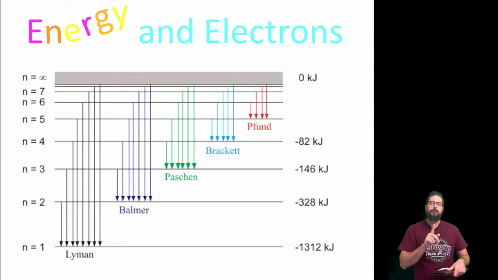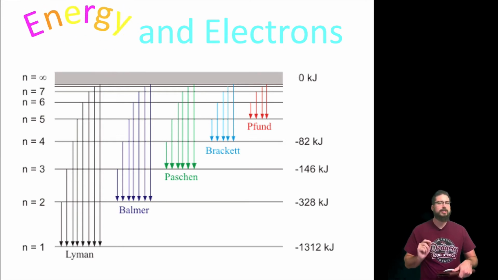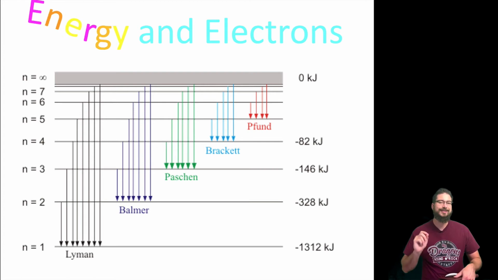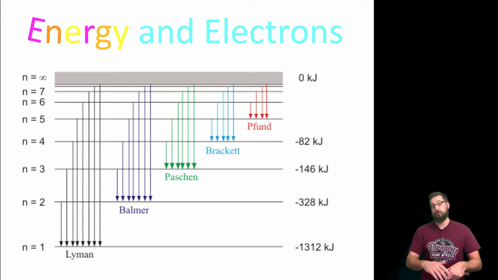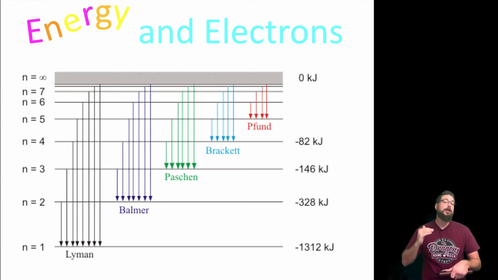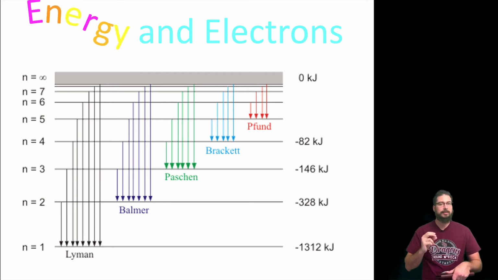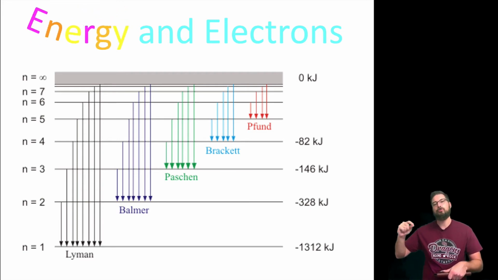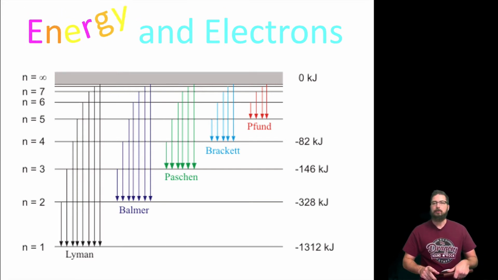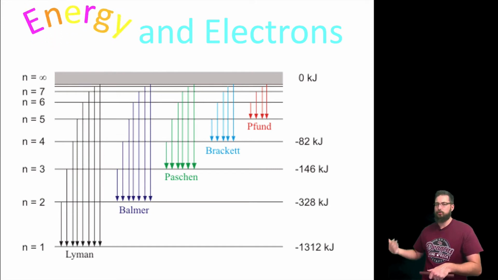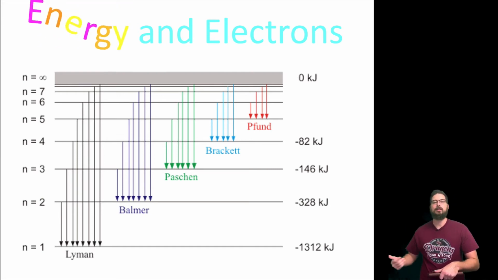Notice though, when we go from the second to the third, there is a large increase in energy, but it's not as large as going from the first to the second. And in fact, as you go up, the amount of energy that is gained is reduced each time. But let me say that again. The amount that is gained is reduced each time, but it's still increasing.